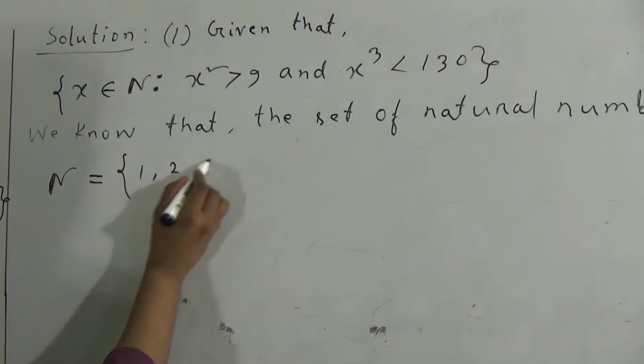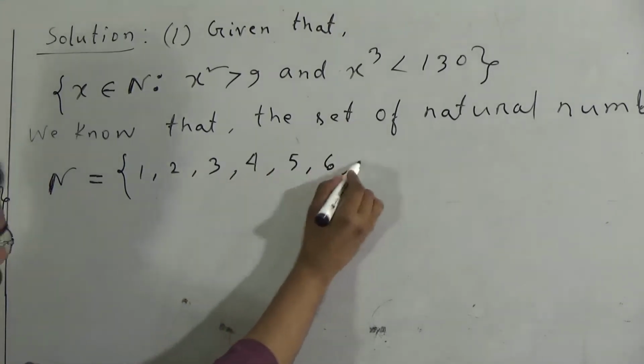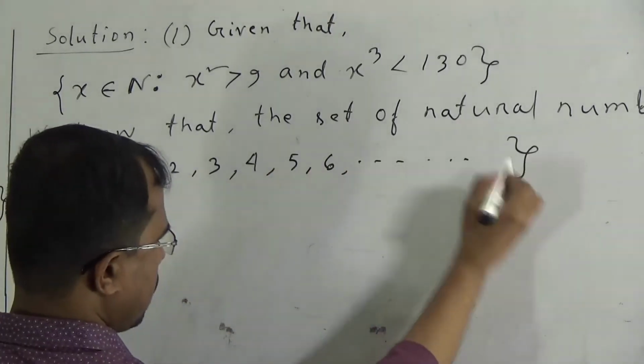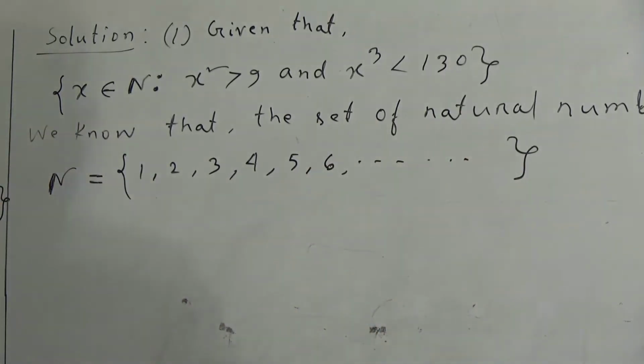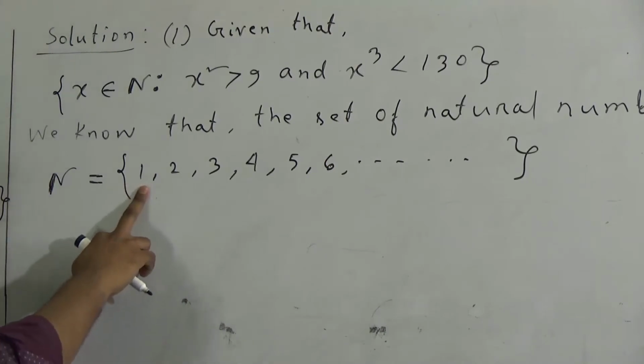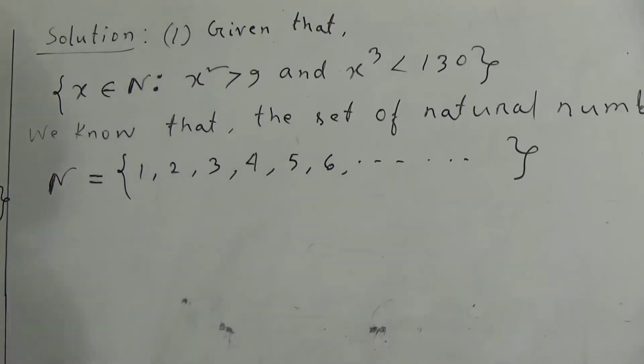1, 2, 3, 4, 5, 6, dot dot dot. Dear students, the set of natural numbers starts from 1. That means its starting point is 1, but its ending point is undefined.